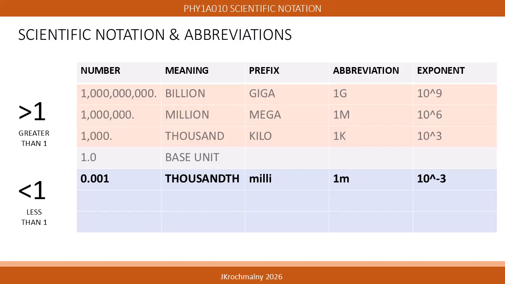Looking at the exponent column, we see 10 to the power of a negative 3. This is an indicator of how many zeros are involved and where to place the decimal point. The number 0.001 can be converted to scientific notation by moving the decimal point 3 positions to the right and adding the lowercase letter.